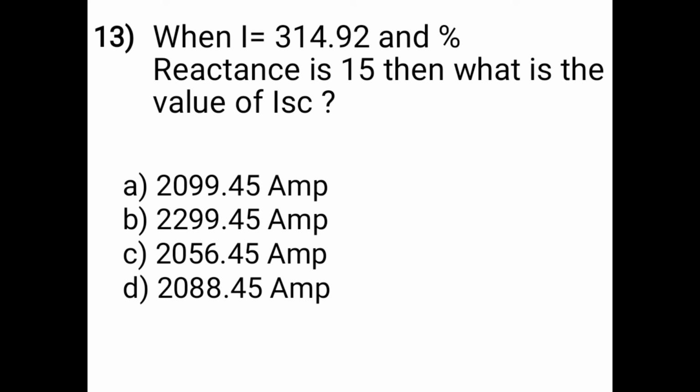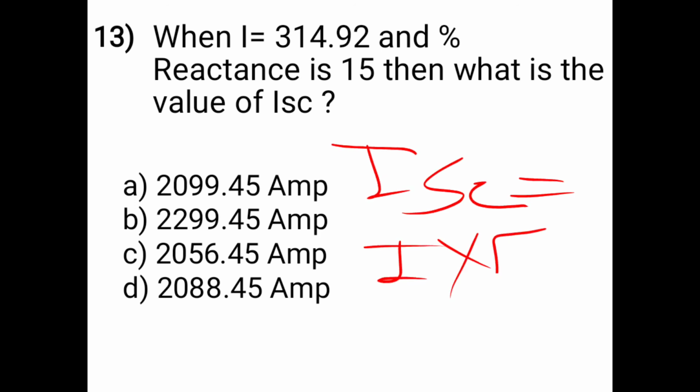Here current I is 314.92 and percentage reactance is 15. So I short circuit is equal to I multiplied by 100 divided by percentage reactance.